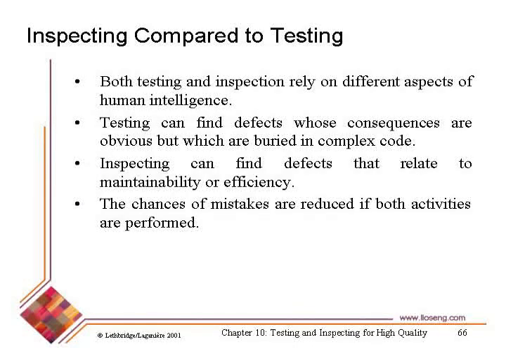Testing will find certain defects that inspection will never find. It will find defects that are not obvious from the code, things that are obscure, things that involve bits of the system interacting with each other in ways where the bits of code are far apart. Okay? Inspection will find defects where the things that are causing problems are close together, and which might not show up in testing because they might be rather obscure cases.